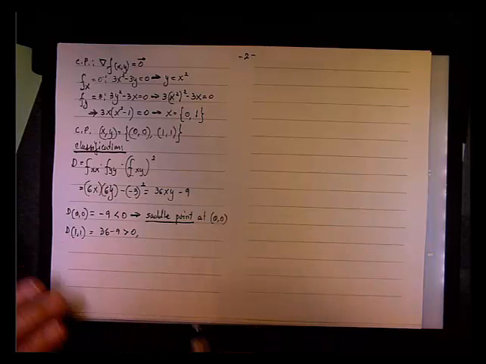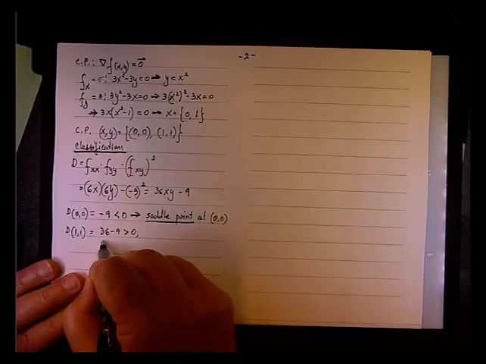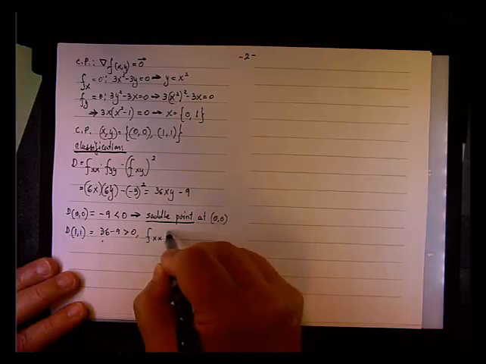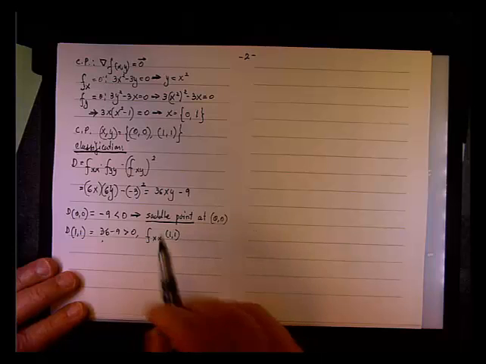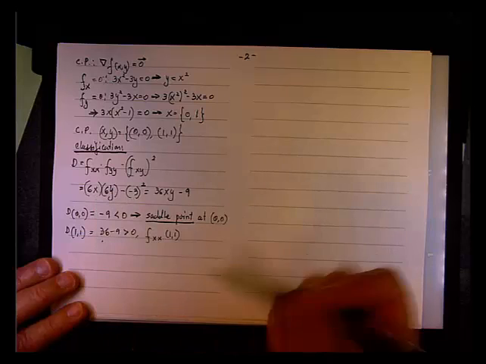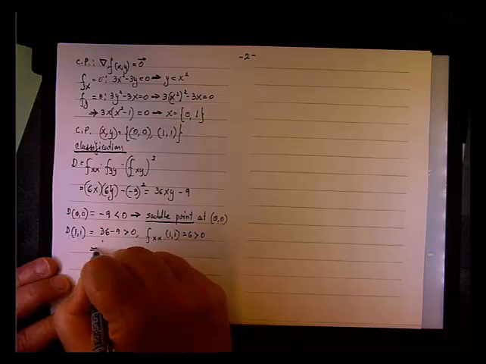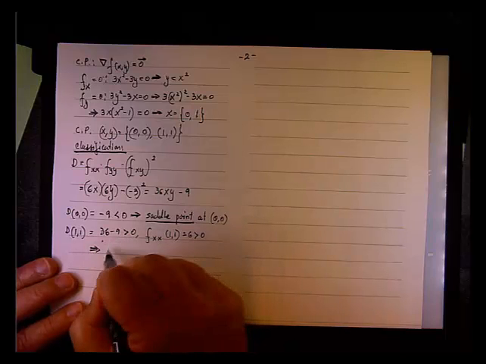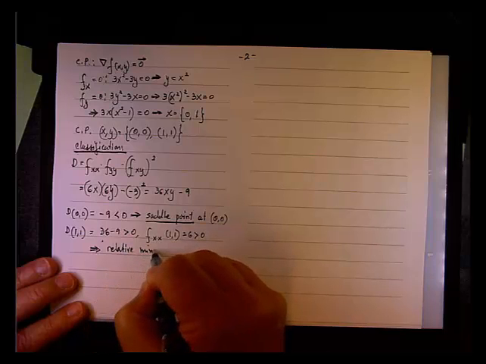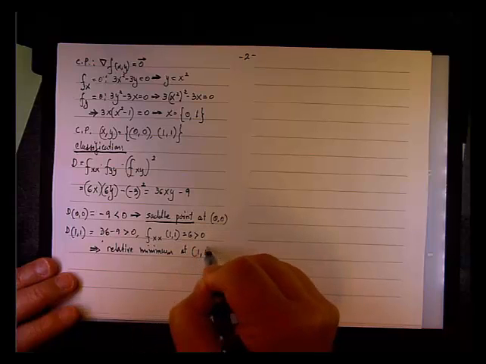Okay, what about fxx at 1, 1? It was 6x, right? It equals 6, it's positive, so the conclusion is that we have a relative minimum at 1, 1.